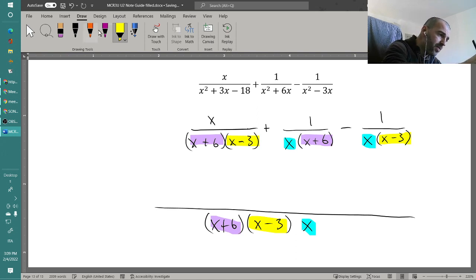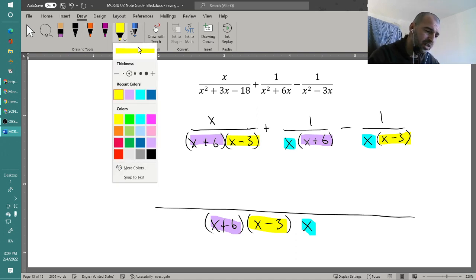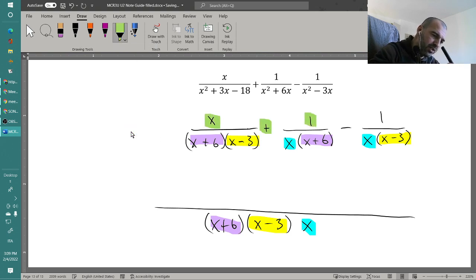Now, our next stage is to take care of the numerator. I'm going to break out a green color. The numerator has the following stuff already in it. Notice I'm highlighting it in green, and I'm going to write that stuff down.